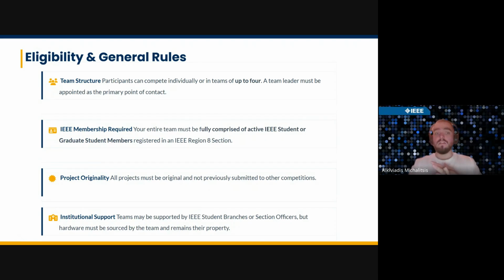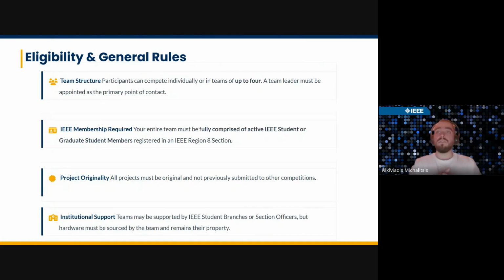Regarding the originality of your project, of course, it should be genuine, it should be new, something that you thought of, and it shouldn't be a copy of a past or another contest or of another already implemented project. And regarding support from your university, your student branch, your officers, you are allowed to be supported financially or otherwise.